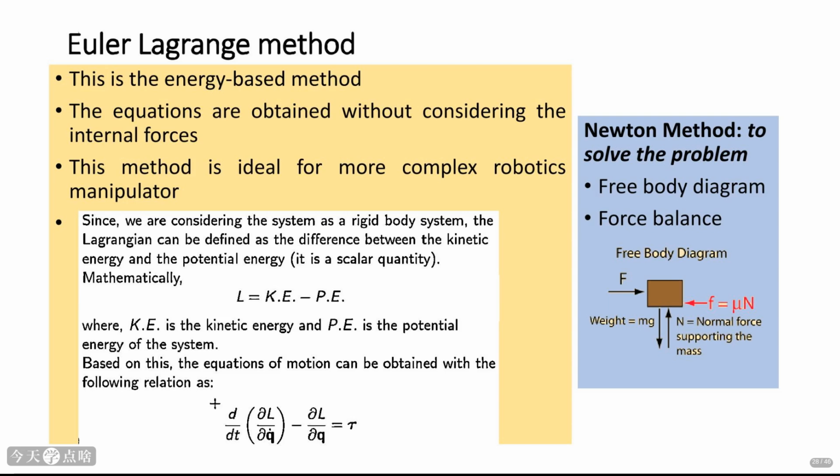The equations of motion come from the Lagrange equation shown. Newton's method, on the other hand, is more intuitive for simple systems. You draw a free body diagram, identify all external forces acting on the body, and then apply force balance equations like Newton's second law. The diagram shows a classic example: forces F, gravity mg, normal force N, and friction F.